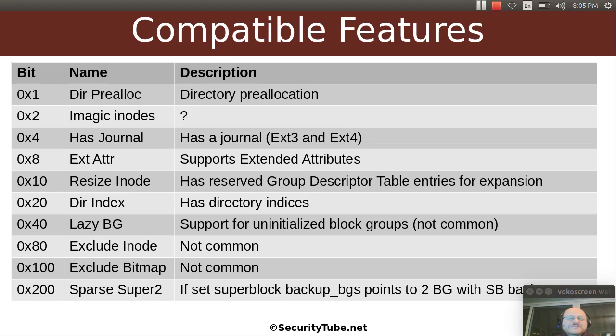It's not very common, but you could have it. There's an exclude inode and exclude bitmap feature, also not very common. And then there is a sparse super2 feature. In the superblock, there is a field, there's actually two of them, it's an array that points to block groups that have backups of the superblock.